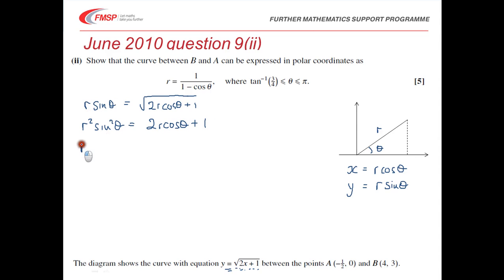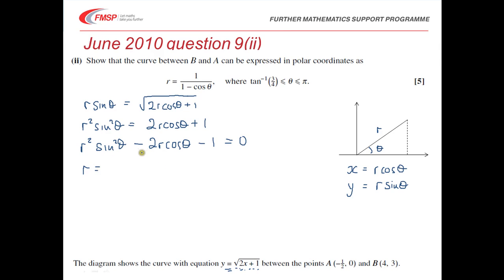And now what we need to see is that we've actually got a quadratic in r. So I'm just rearranging that so we've got an r squared term, an r term and a constant, and we will now need to use the quadratic formula.